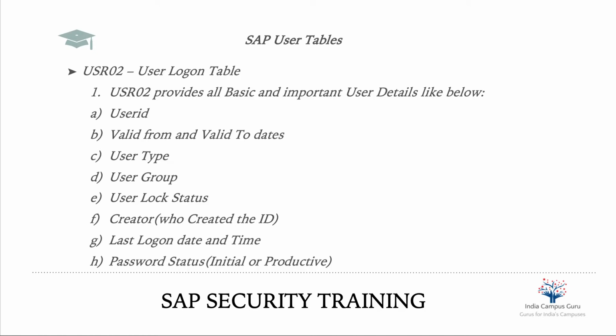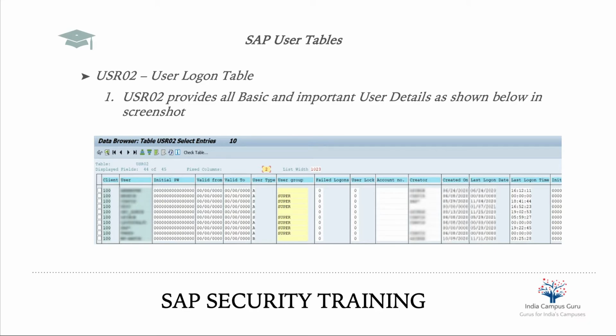The next page would have the actual screenshot of the USR02 table, and as you can see, you have client, then user ID, then initial password. SAP has gone back and, to make it more secure, you can't see what password is there for a user ID. That's why you're seeing the 0000. Then you have valid from and valid to dates, and the user type, which is Dialog, or A in this case.